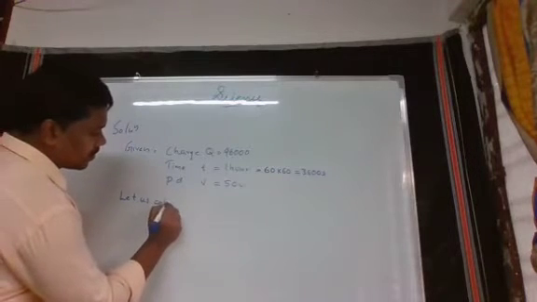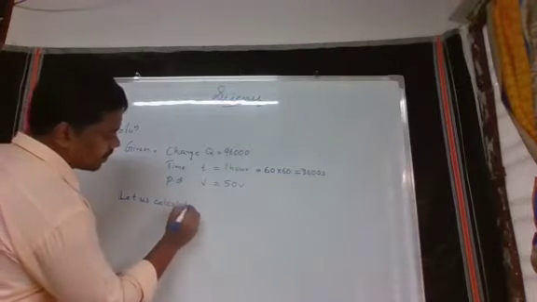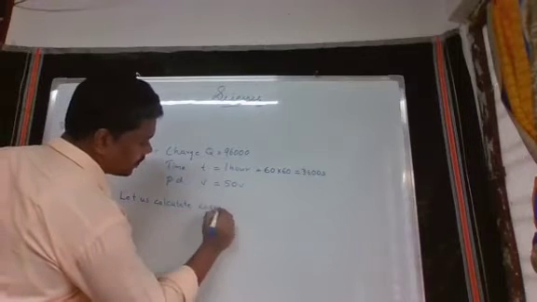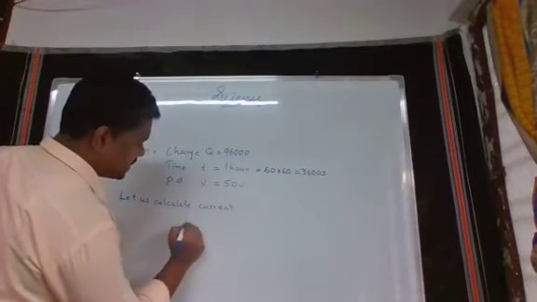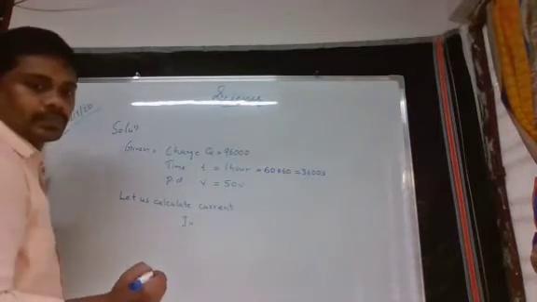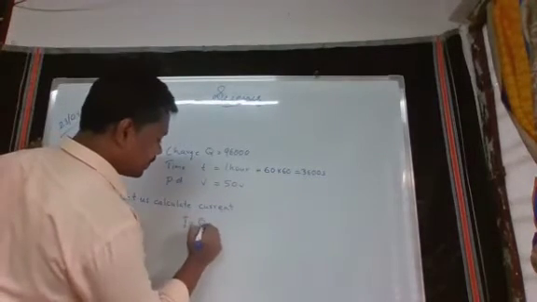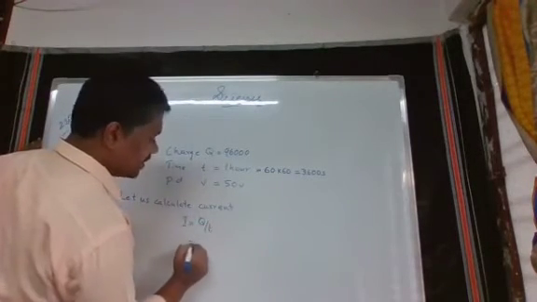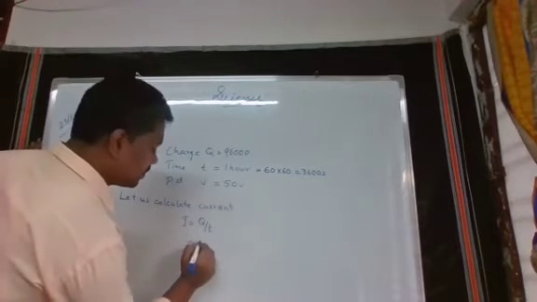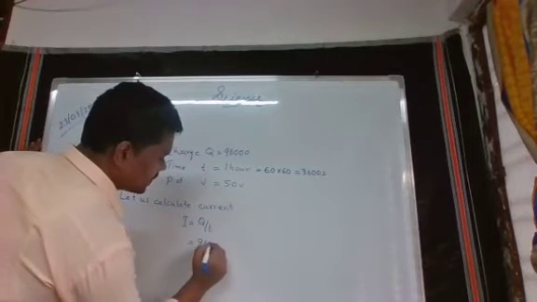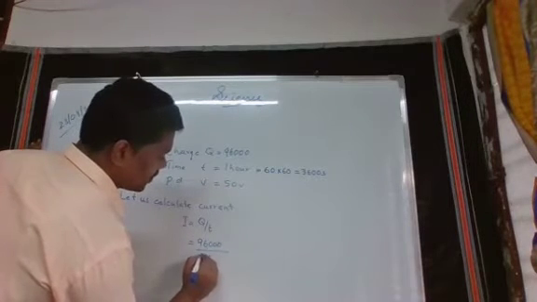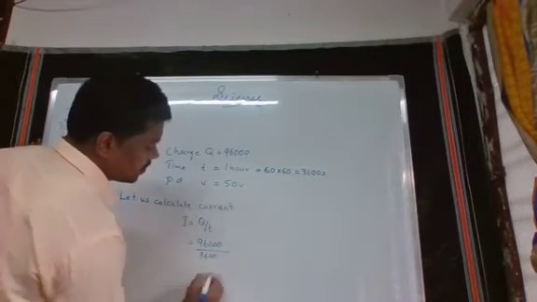Current I is equal to Q by T, which is equal to, what is Q here? 96,000 by time 3,600.